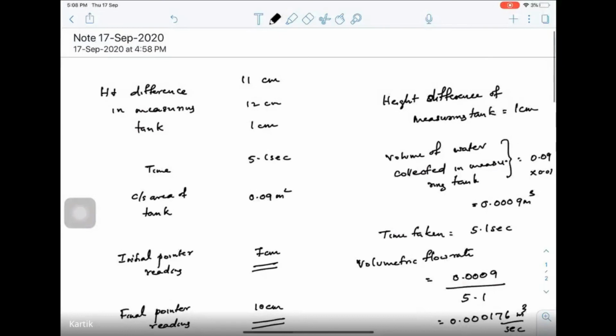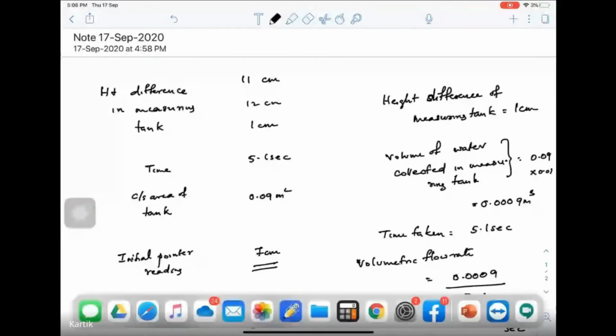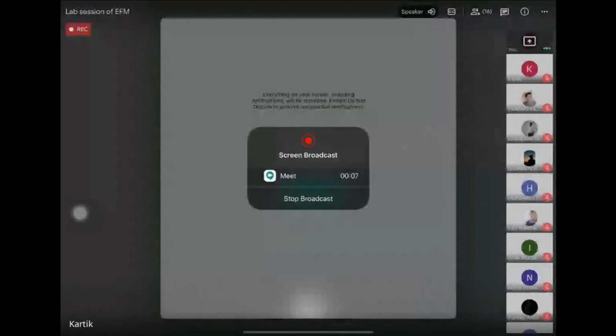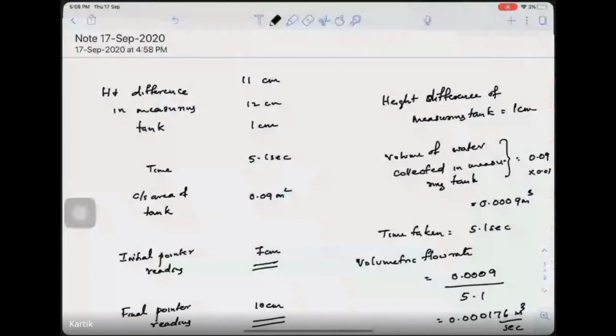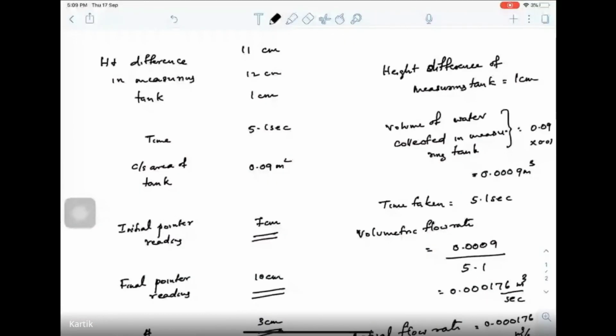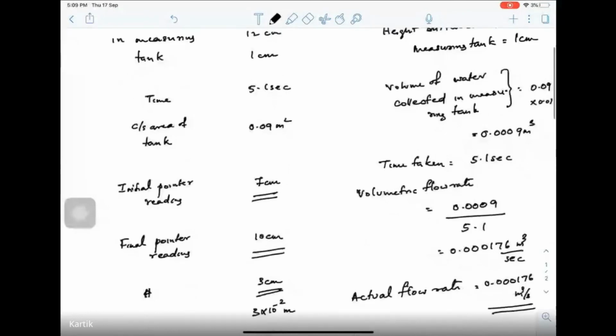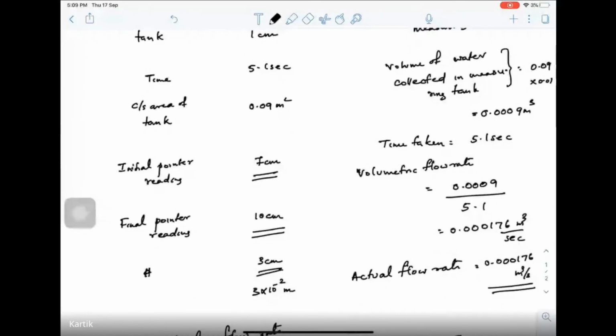The difference in the height of the tank is 1 centimeter. The time taken is 5.1 seconds. The cross sectional area is 0.09. The difference in the pointer reading was 3 centimeters.